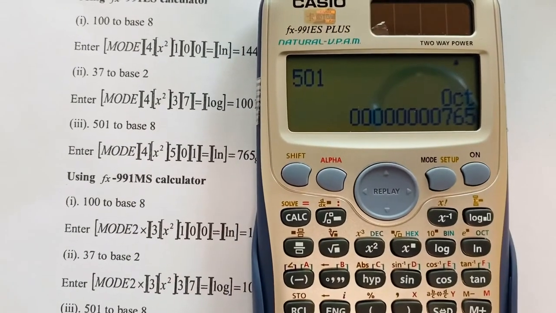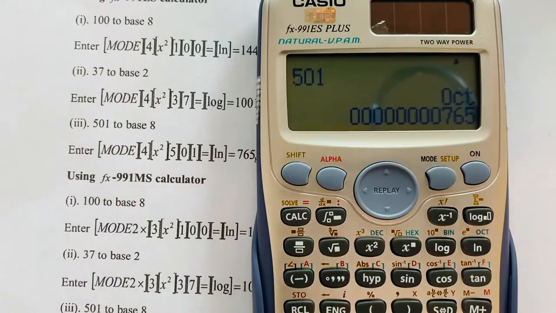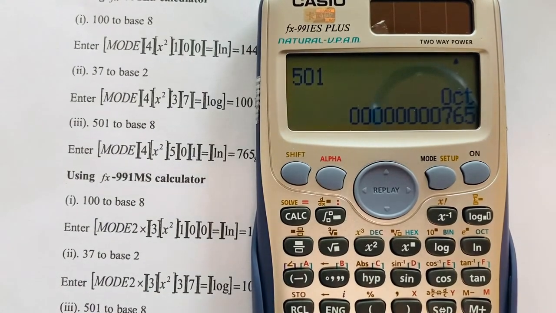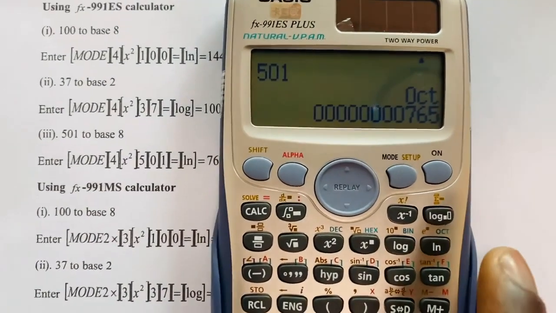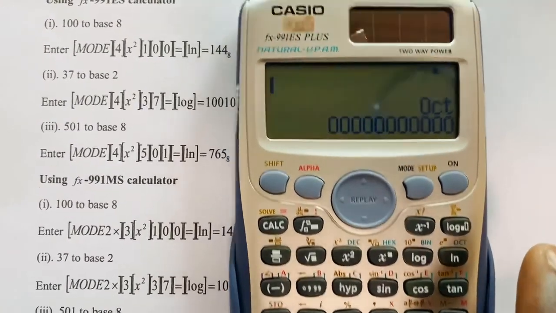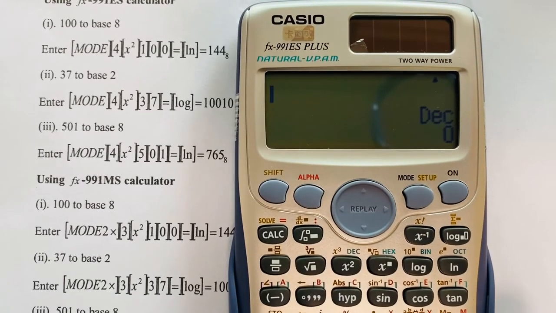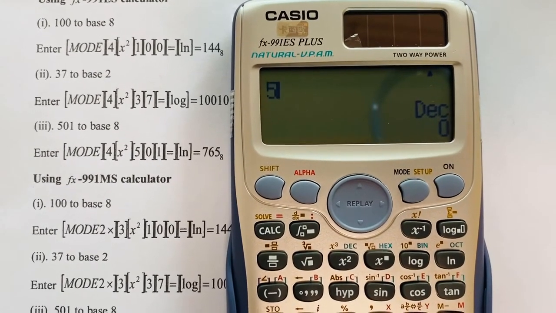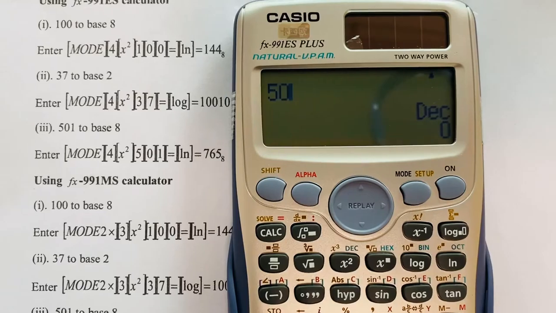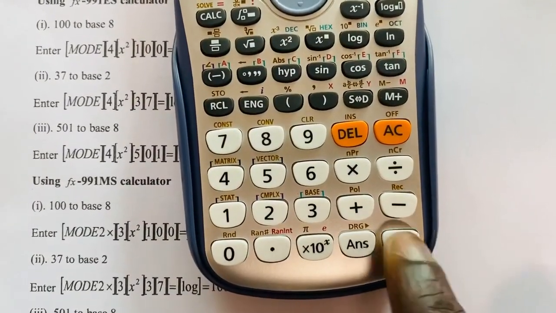Now let's convert this to base 16. We have hexadecimal, so we want to convert this to base 16. So first of all, we go to AC, we change it to the decimal, which is base 10. We enter 501, and we go to the equal sign here.